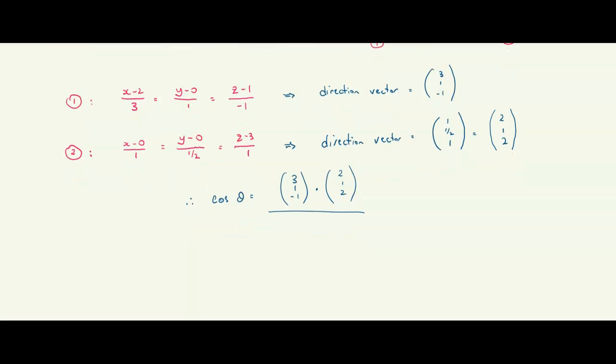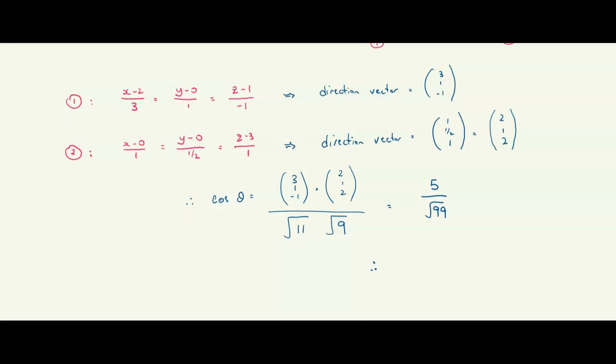So I'm over the magnitude now of 3, 1, negative 1, which is 9, 10, 11, by 2, 1, 4, 5, 4, 5, 9. Okay, so this comes to 3, so I get 6 plus 1 is 7, minus 2 is 5, over the square root of 99.